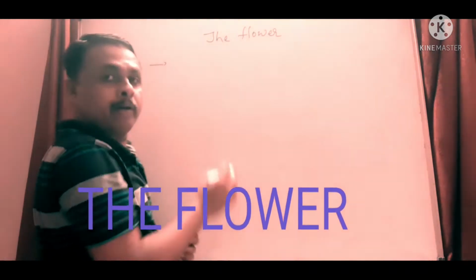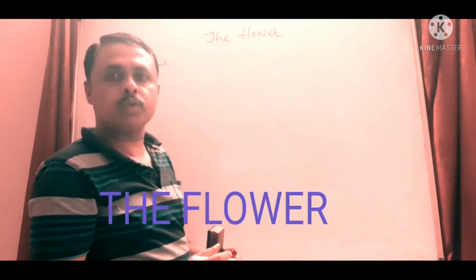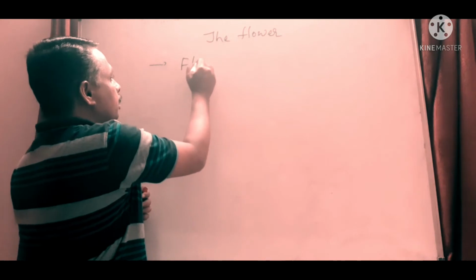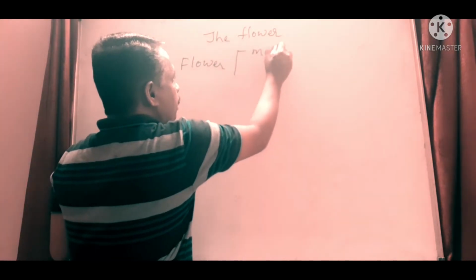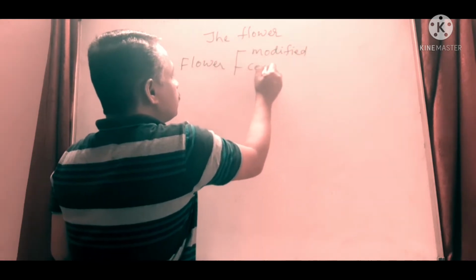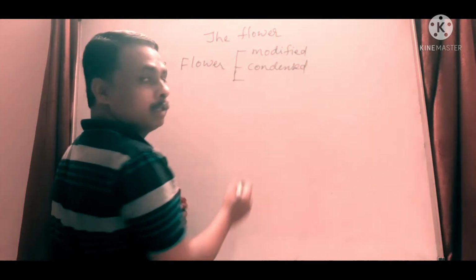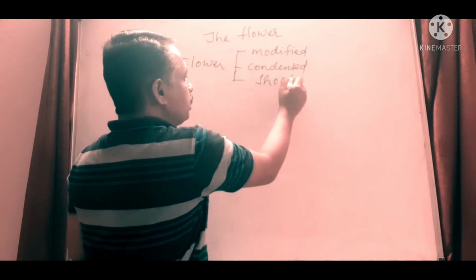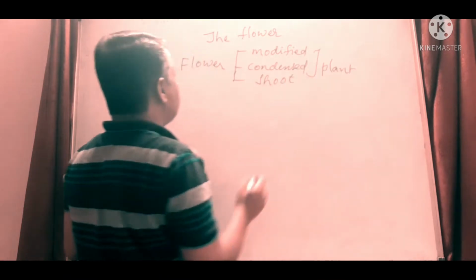A flower is a modified condensed shoot of a plant. A condensed shoot of a plant is called a flower.